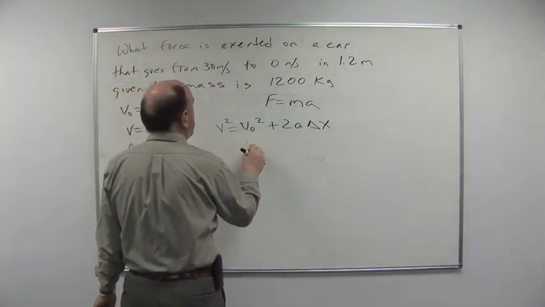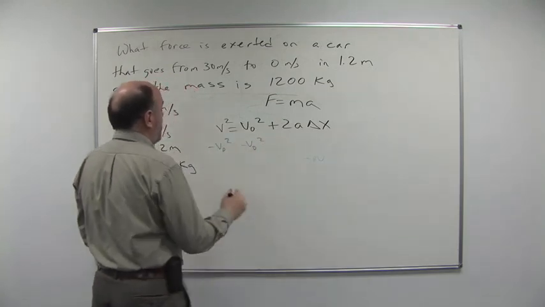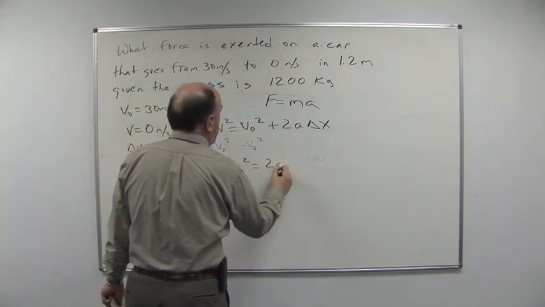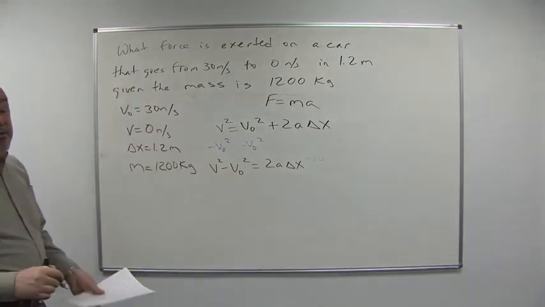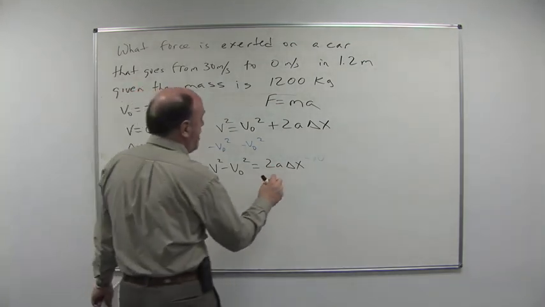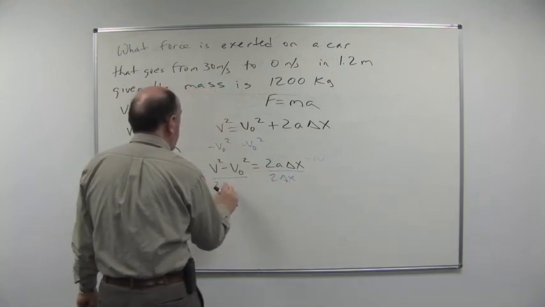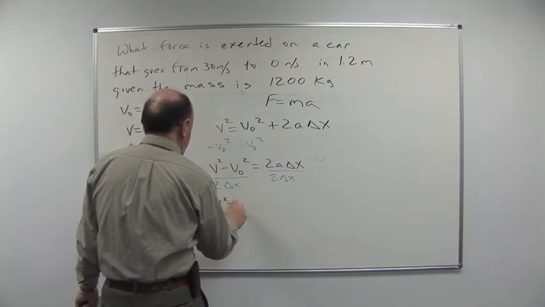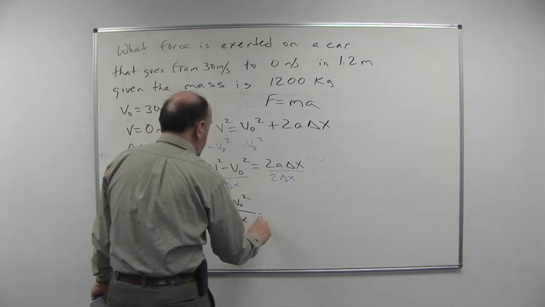So subtract v naught squared, and we get v squared minus v naught squared equals 2a delta x. Next step is to divide both sides by 2 delta x. And so we find that a will be v squared minus v naught squared over 2 delta x.